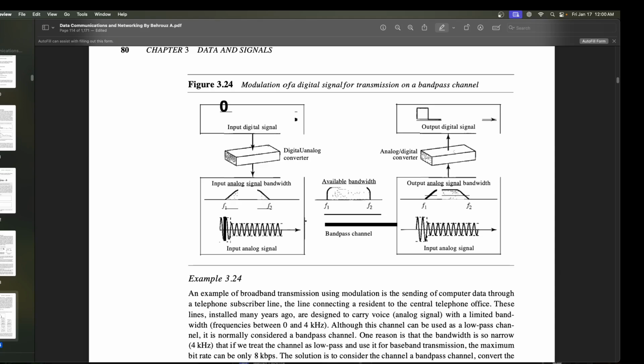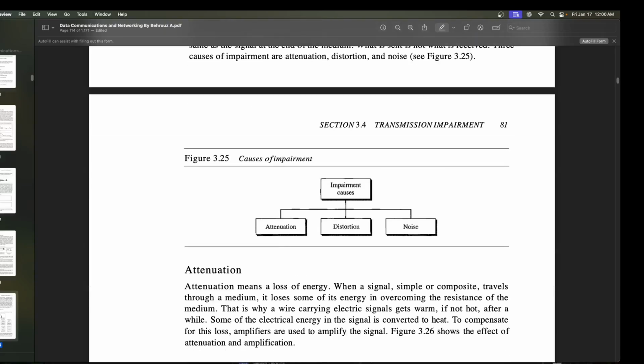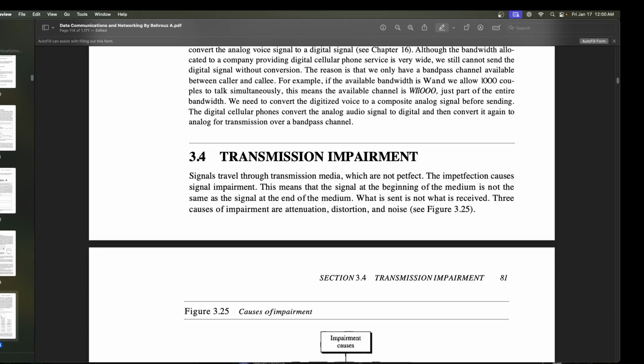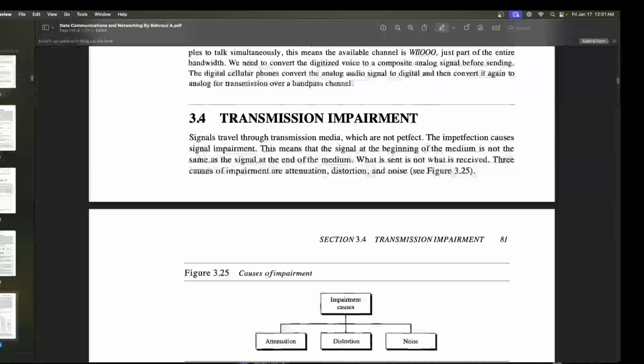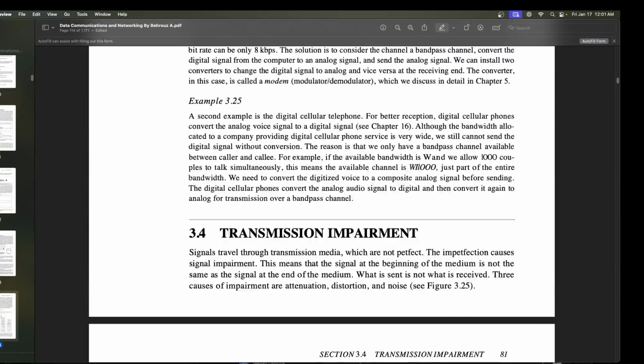Modulation of a digital signal for transmission on a bandpass channel: input digital signal, output digital signal, with A to D and D to A conversions.